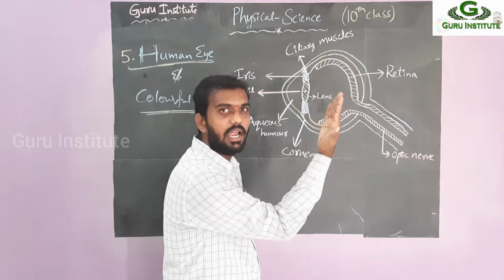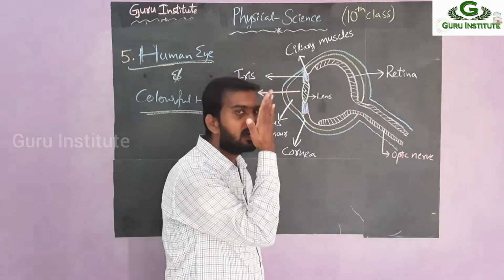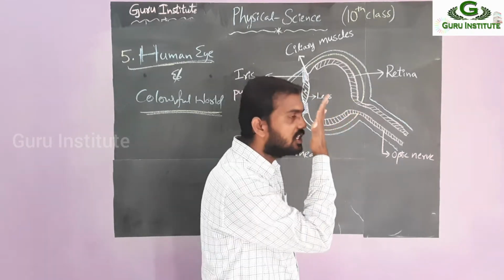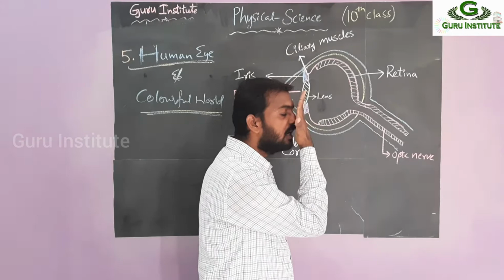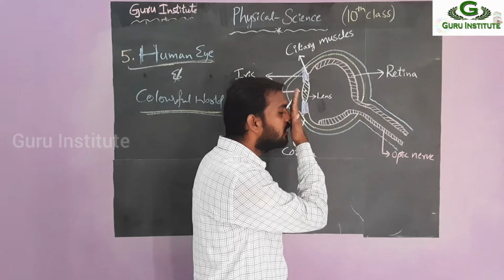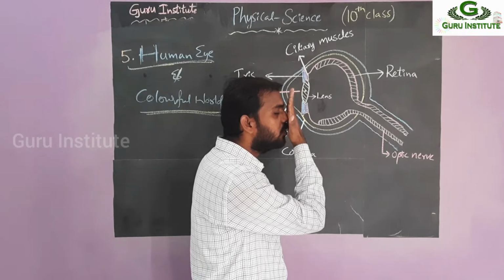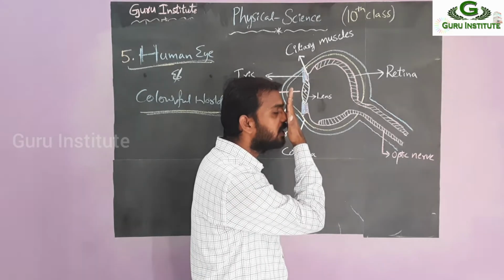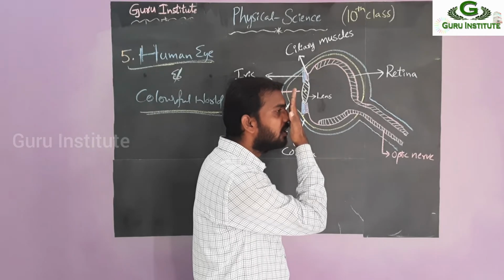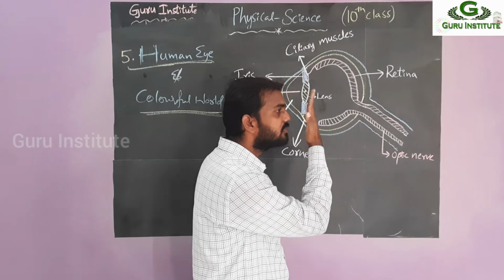Just first keep it on your nose and open your eyes. First close your eyes and keep your palm on the nose, and now open your eyes. Now move the hand slowly.